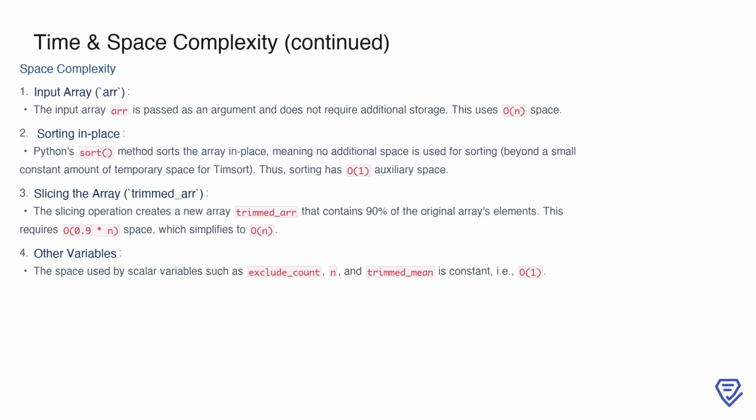However, when we slice the array to create the trimmed version containing 90% of the elements, a new array is created. This slicing operation uses O(0.9n) space, which simplifies to O(n). Finally, the scalar variables used in the computation, such as exclude_count, n, and trimmed_mean, take constant space, O(1). This gives us a clear picture of the space usage for each part of the solution.